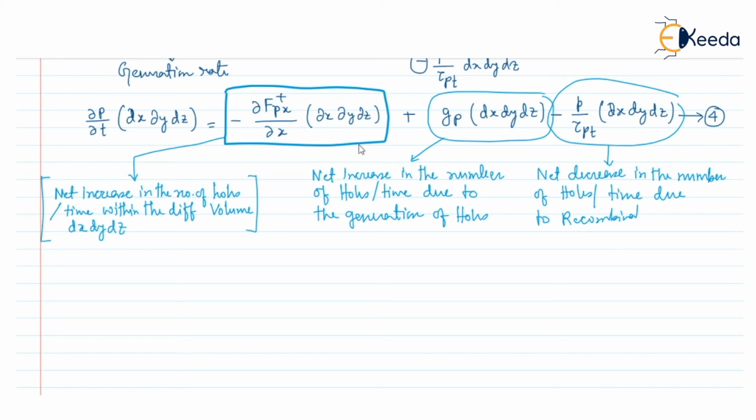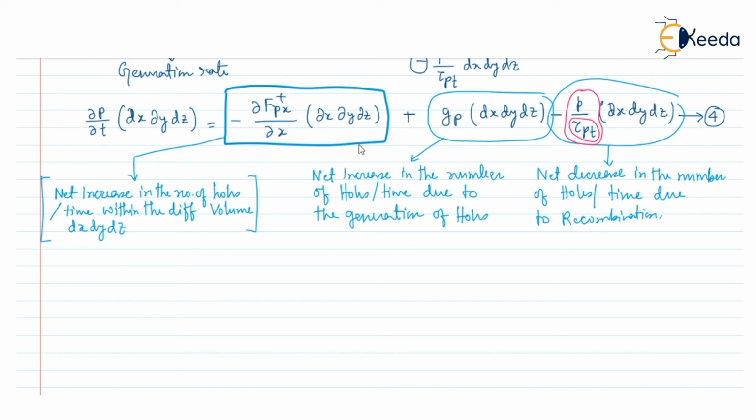That's why there is a minus sign before the third term, because there is a decrease in the number of holes. Now the recombination rate in this equation is given by this term, where tau pt is the thermal equilibrium carrier lifetime or the excess carrier lifetime.